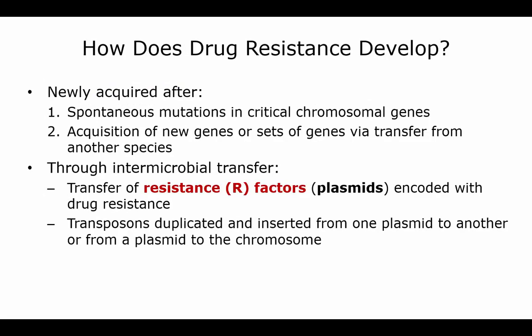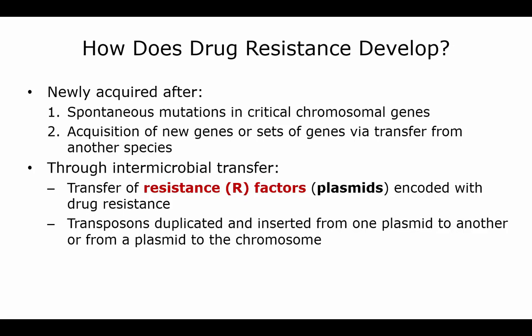How does it develop? Well, you get it after spontaneous mutations in some of your critical chromosome genes, or you acquire new genes or sets of genes that have transferred from another species.